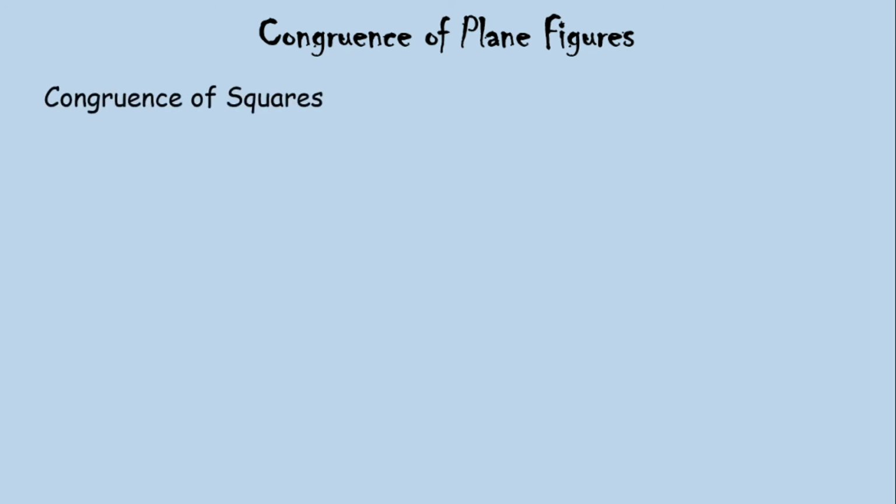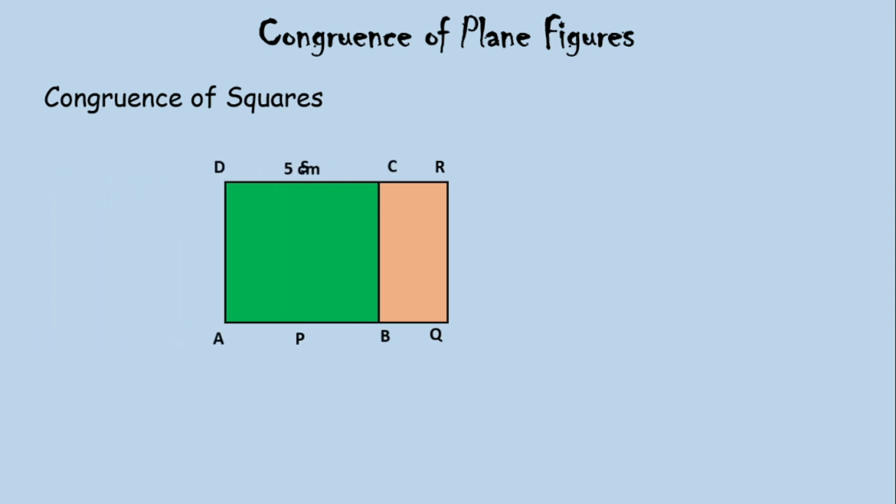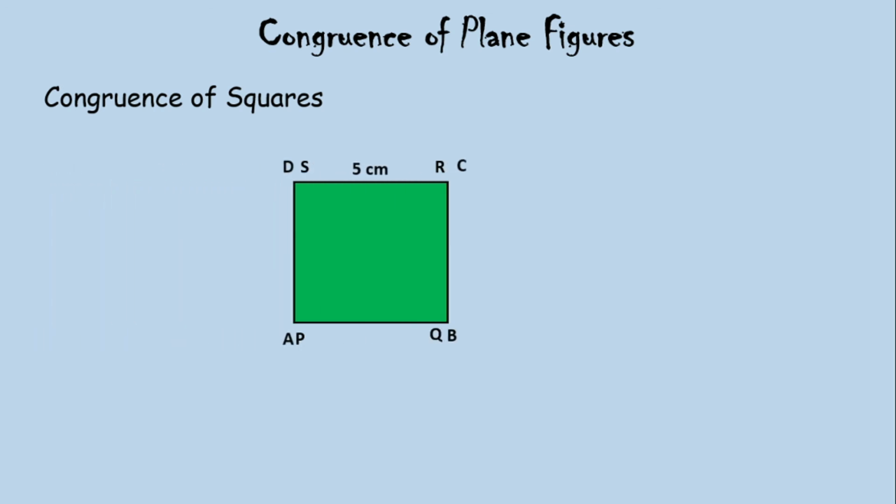To check whether two squares, say ABCD and PQRS, are congruent or not, trace a copy of ABCD and superimpose it on PQRS such that A falls on P and the sides AB, BC, CD and DA fall on sides PQ, QR, RS and SP respectively.